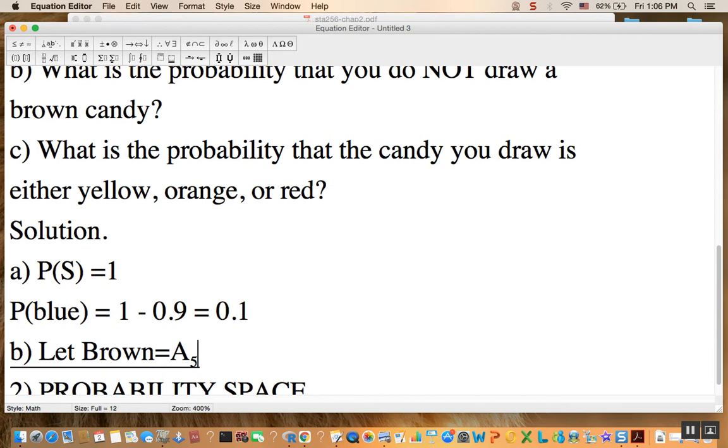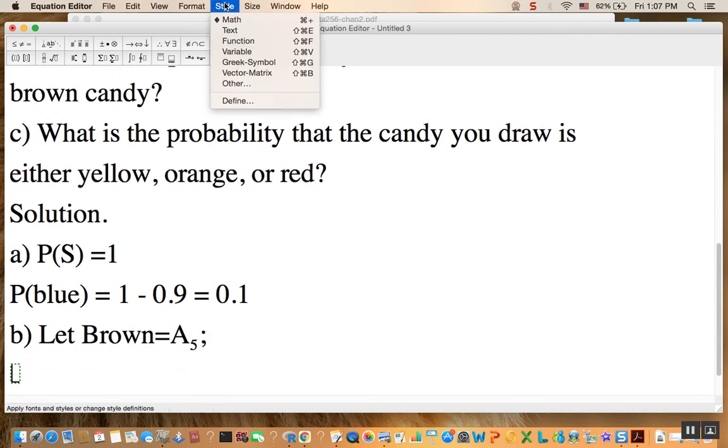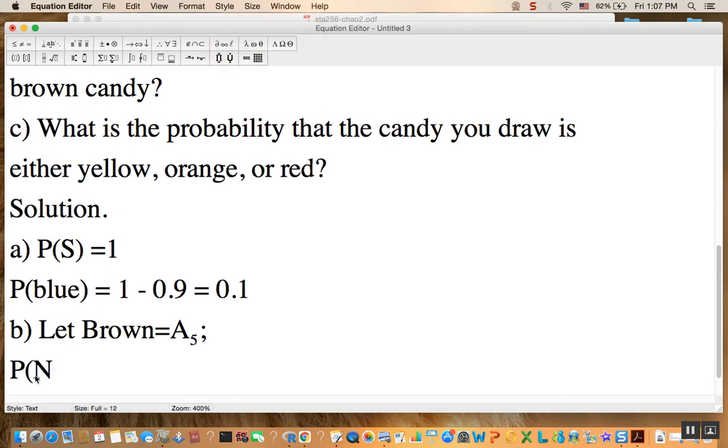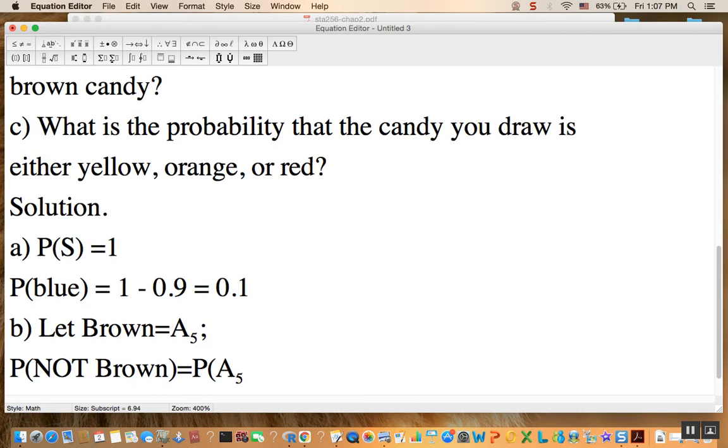In that case, the probability of not drawing a brown candy happens to be, using our fancy notation, probability of not brown, which happens to be the probability of A5 complement, right?